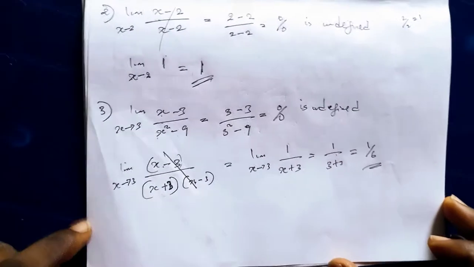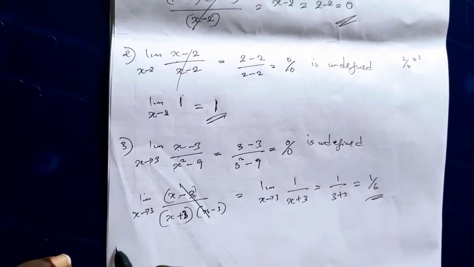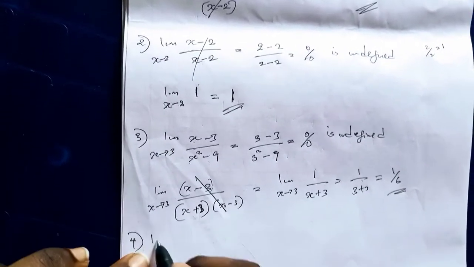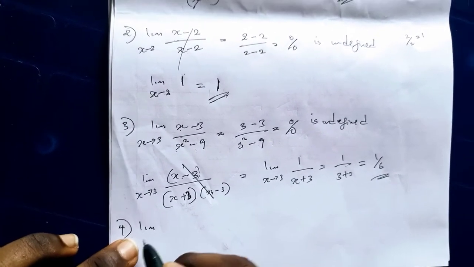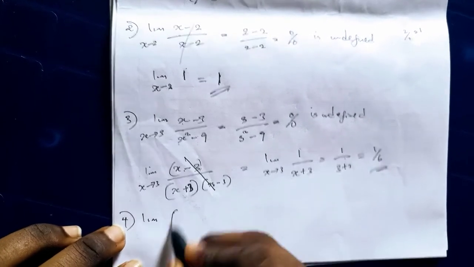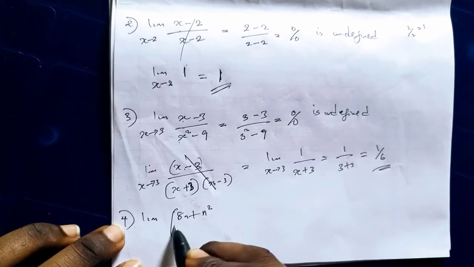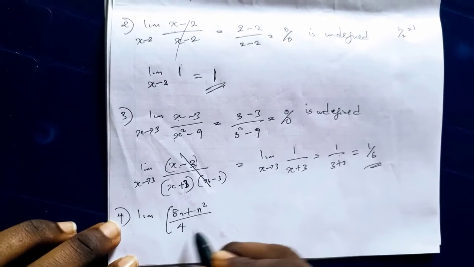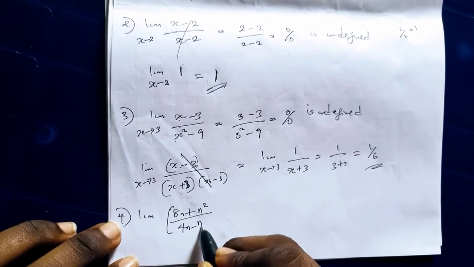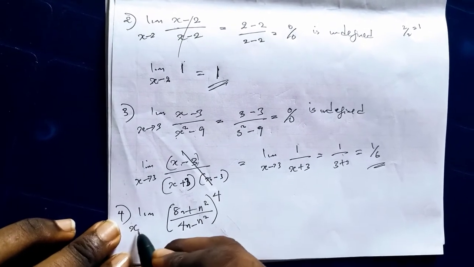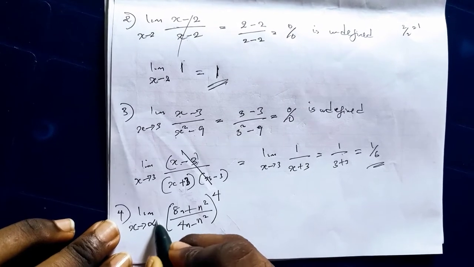Now, what if we are given a different form of limit? This is number 4. We are given the limit of 8n plus n squared divided by 4n minus n squared, all raised to the power of 4, as x approaches infinity.